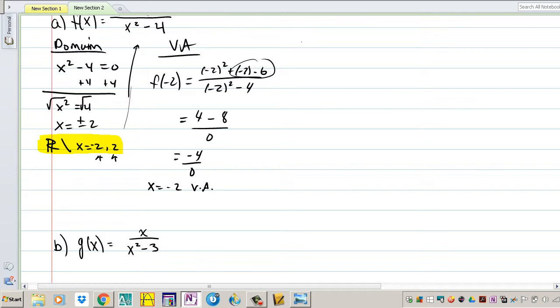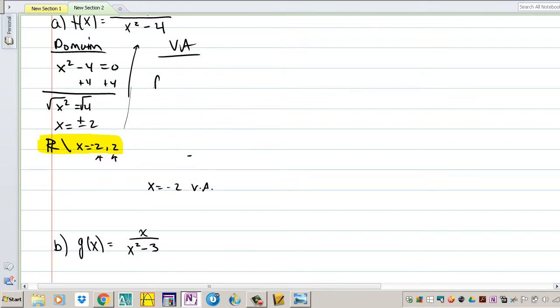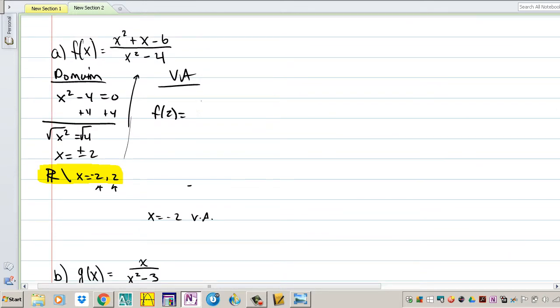Let's try the other one. Let me erase all this so I don't have too much stuff on my screen. Let's plug in the positive 2. So 2 squared plus 2 minus 6 all over 2 squared minus 4.